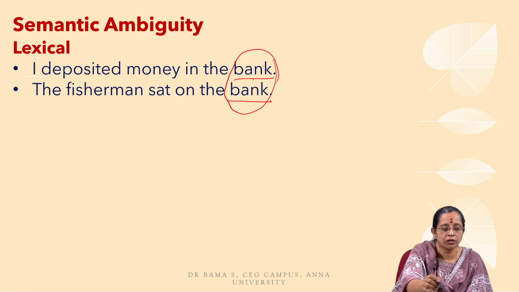The bank is involved in both statements, but the meaning is entirely different: the first represents a financial transaction, the second represents the river bank. So, how do we identify such ambiguous nature?